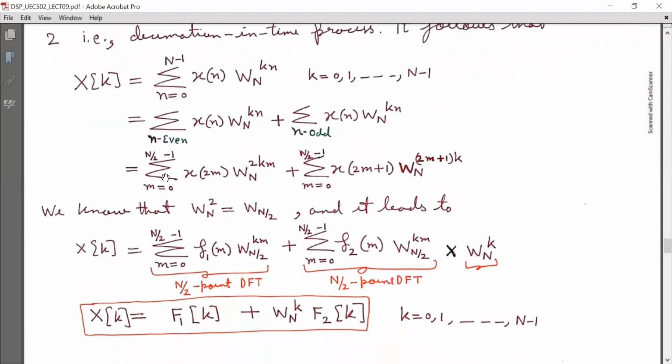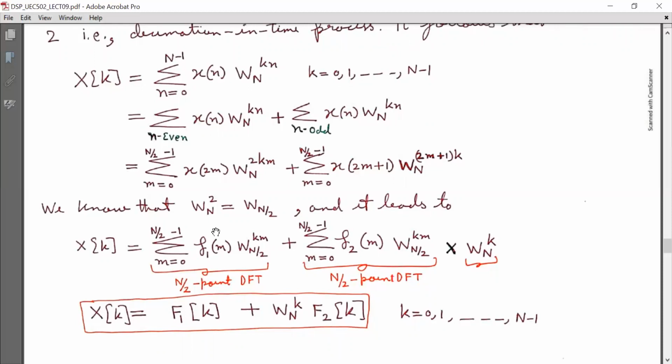Now here this is the summation m running from 0 to N by 2 minus 1 of x(2m) W raised to power 2km, and here m running from 0 to N by 2 minus 1 of x(2m plus 1) W raised to power (2m plus 1)k. So I have divided x(n) into two types of samples, even and odd. 2m is even, 2m plus 1 is odd.